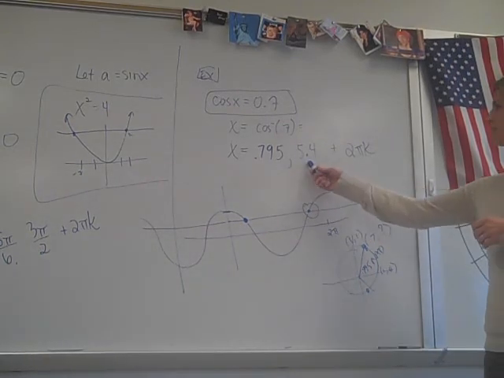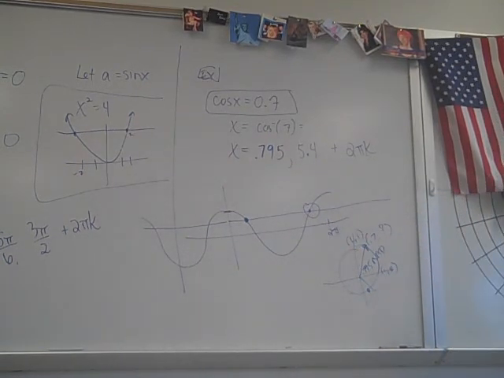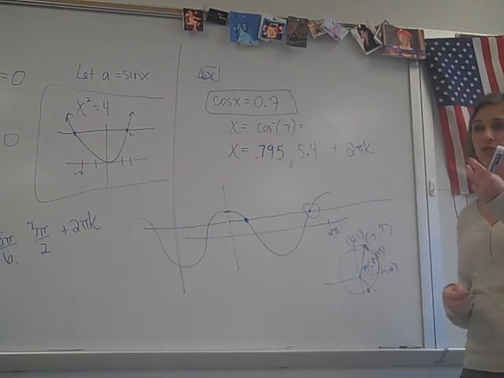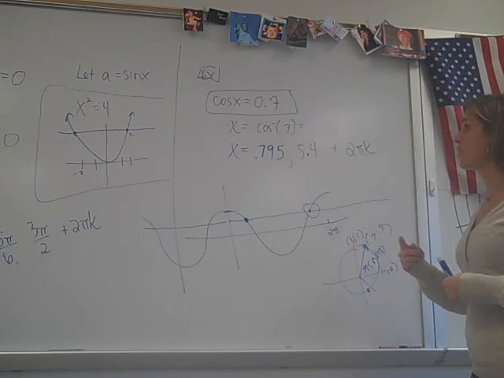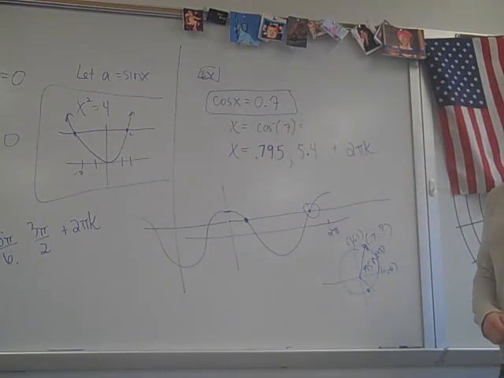Just graph cosine x: y equals cosine x. That's how you graph something. But how would I do it with the 0.7? In the y1, graph cosine x, and in the y2, graph 0.7. And find their intersection.